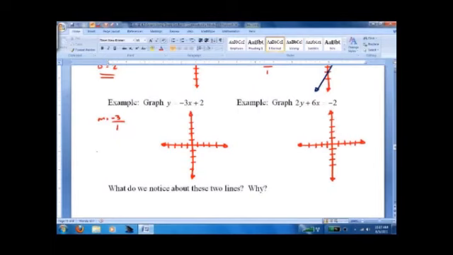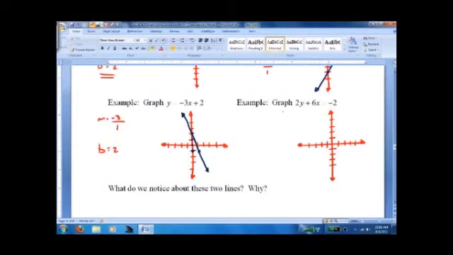Notice we have a negative now, and b equals 2. So go up to 2, 1, 2. Change in y is -3, 1, 2, 3. Don't forget to count here. 1, 2, 3. Over positive 1, so right there. And we connect the dots. Notice a negative slope goes down to the right. Notice it's -3 in this case, so it's a steeper line.